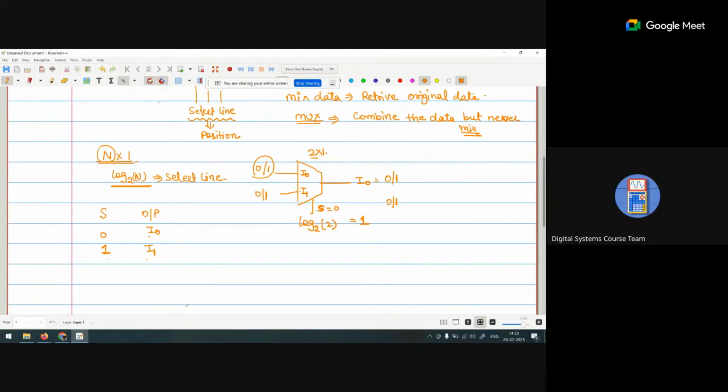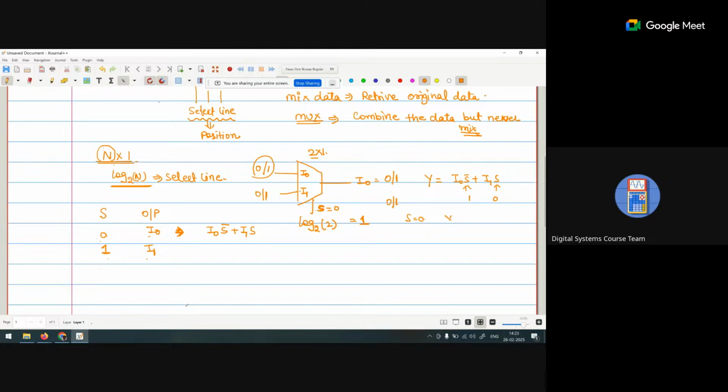Now if I calculate the expression of this, my output will be: I naught comes when S is 0, so S bar, and I1 comes when S is 1, that means simply S. So my expression for Y is I naught S bar plus I1 S. Now if I put the value S equal to 0, this becomes 1, this becomes 0.